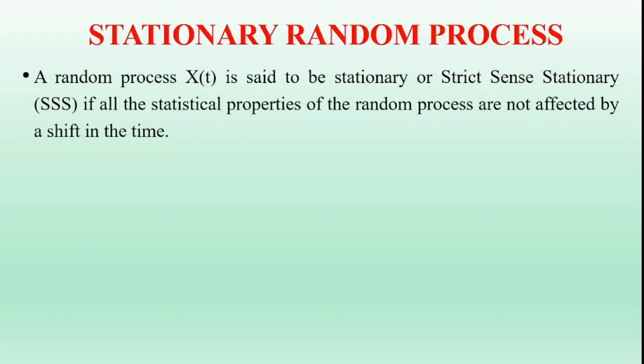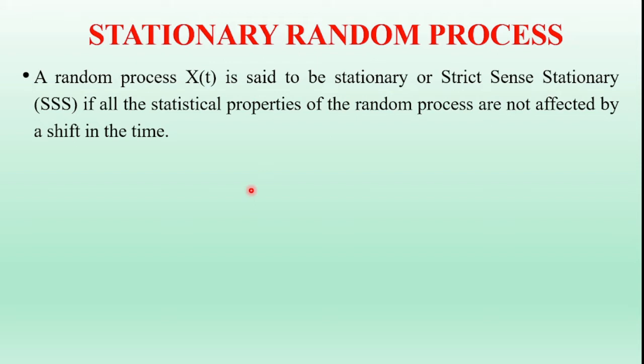In this video, I am going to discuss the stationary random process concept. And what is a stationary random process? A random process x of t is said to be stationary, or strict sense stationary, if all the statistical properties of the random process are not affected by a shift in the time.